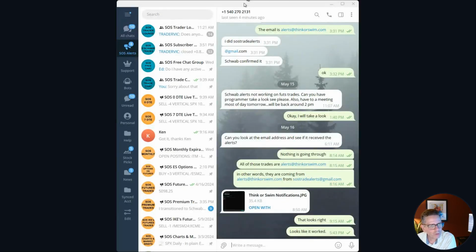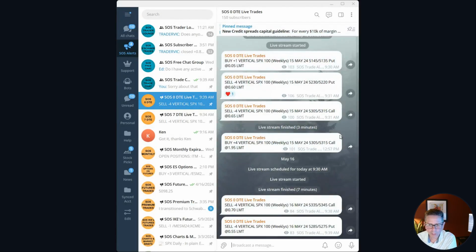Okay, so here's an actual scenario. I'm going to go to 0 DTE. So this is the 0 DTE area. And you can see here that I traded today a call side for 70 cents.